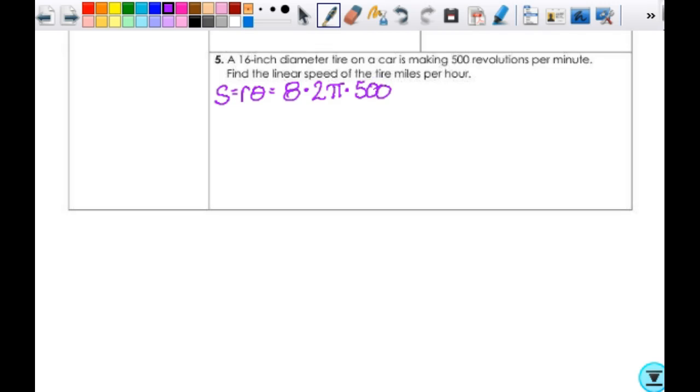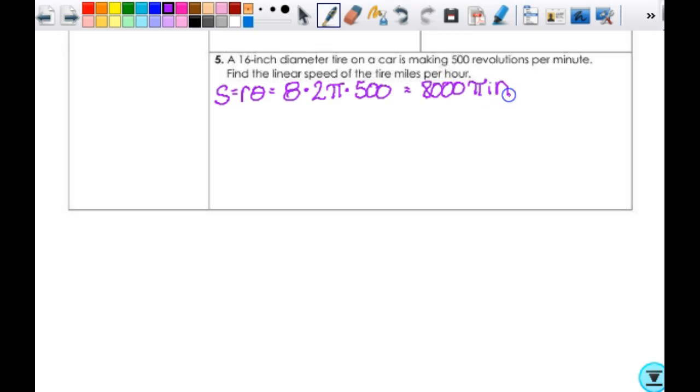There are only 2 things in my formula, but I'm writing 3 things down. That's because the 2 things give me my theta. So you can type that into your calculator, and you get 8,000 pi inches.